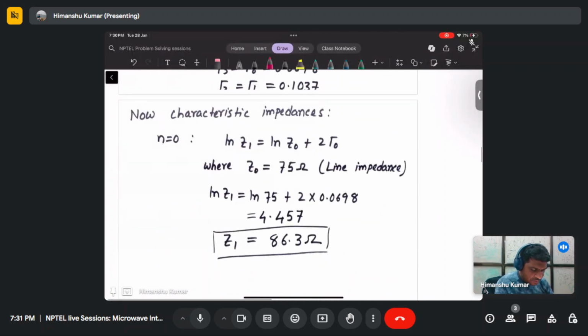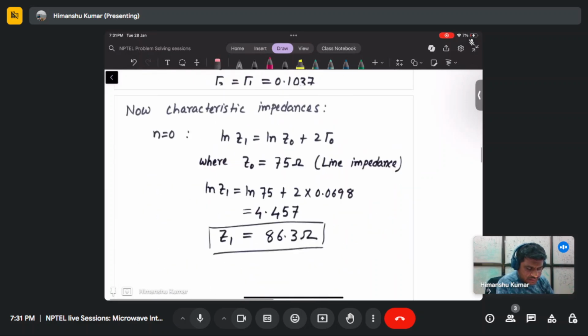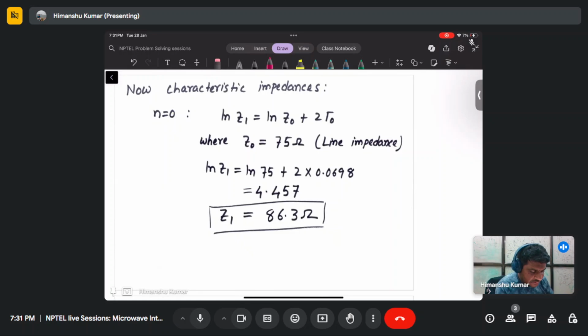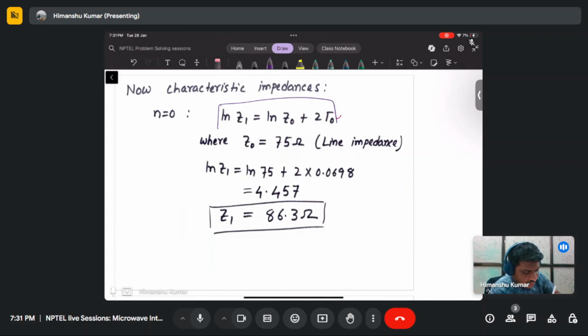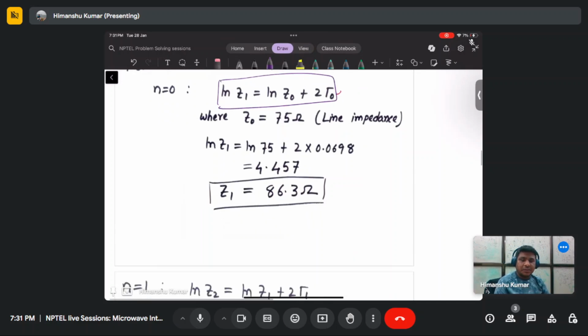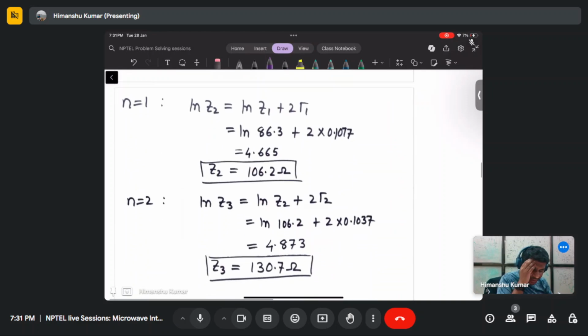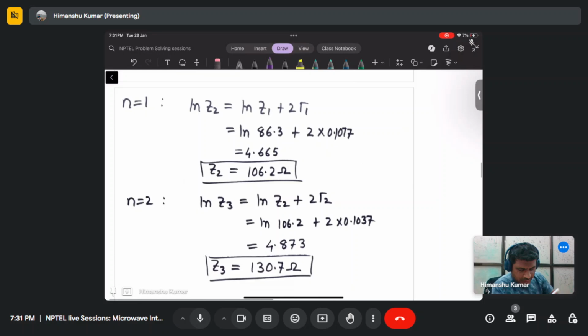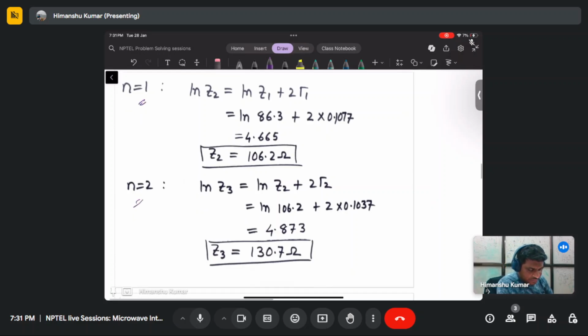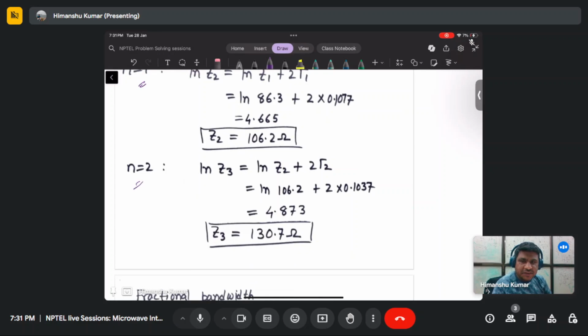Then we put that in, and for n equals 0 it will give you the fundamental characteristic impedance. With this equation we can calculate the total characteristic impedance required for matching. For n equals 1 and n equals 2, we can also calculate the impedance required.